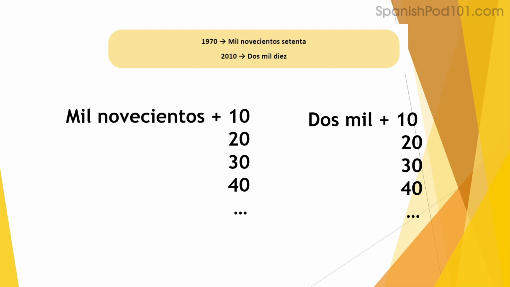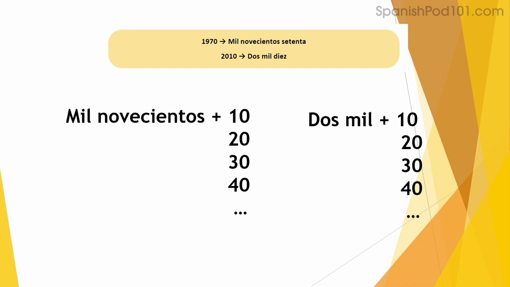The structure is fairly easy. For 1900, you just put whatever number follows after that, right? So you say 1900 plus 10, 1910, 1920, 1930, etc. And the same thing with 2000, okay?